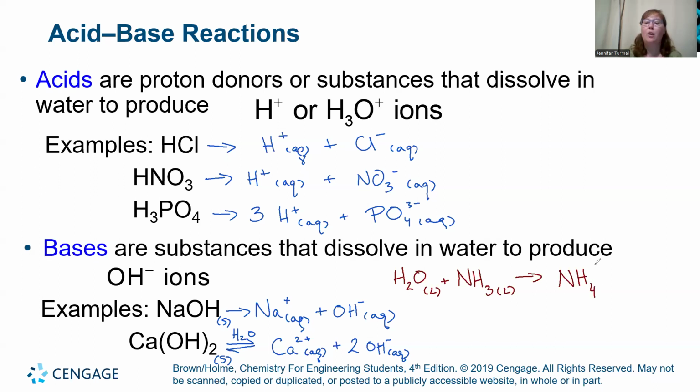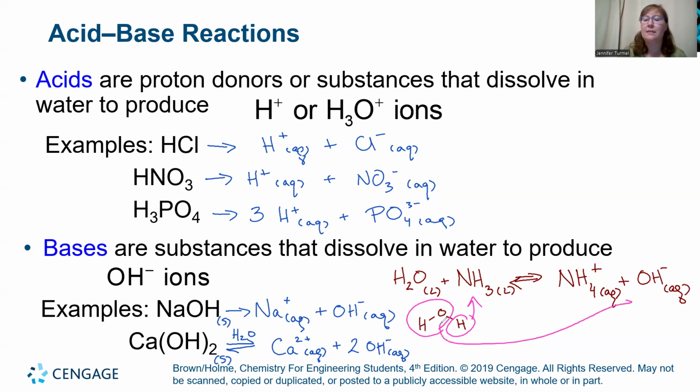We have NH4 plus and OH minus aqueous. Again, it's not a very strong base, so we'll draw a double arrow here. Your water is HOH like this, and one of these hydrogens is going to go on the ammonia, and the other OH minus is left behind as that OH minus. That's how something that doesn't have hydroxide in it produces hydroxide in water.